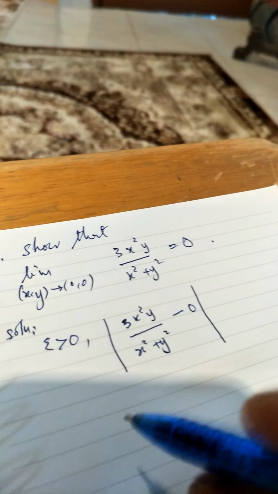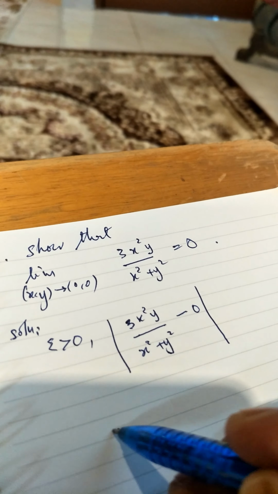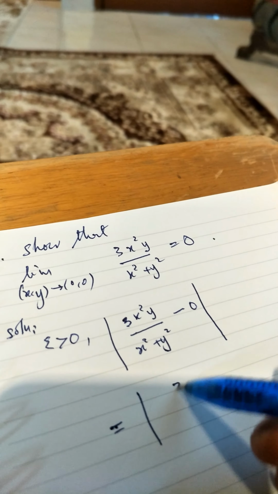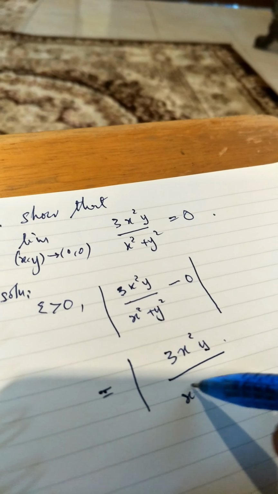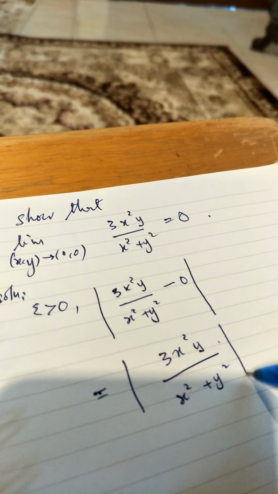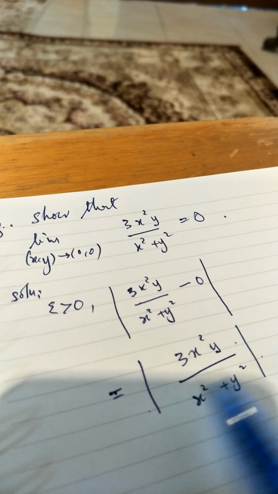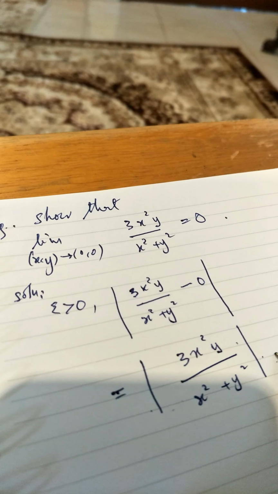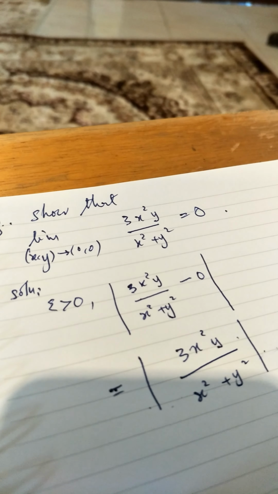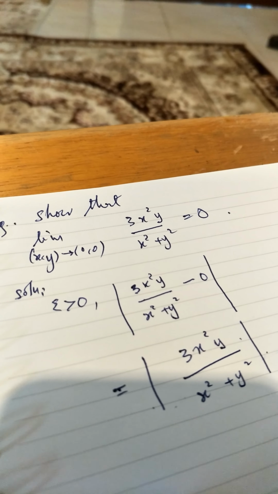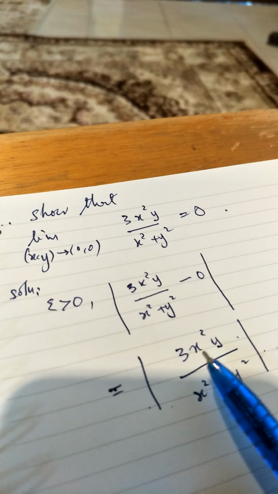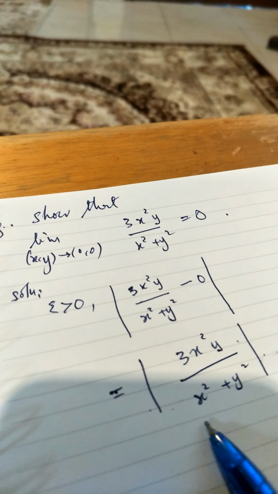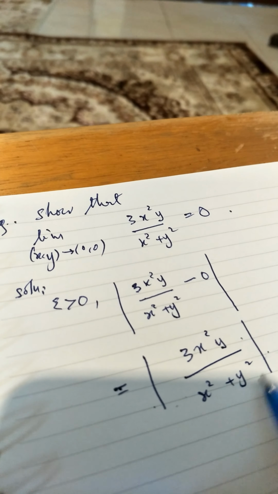Okay, so we have the absolute value of 3x squared y over x squared plus y squared. When you take the absolute value, we only consider the positive part. x squared is always positive, and the denominator is always positive.